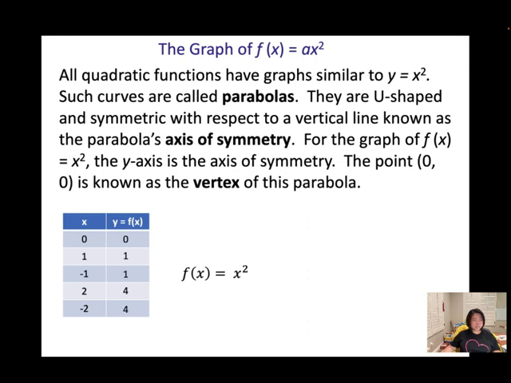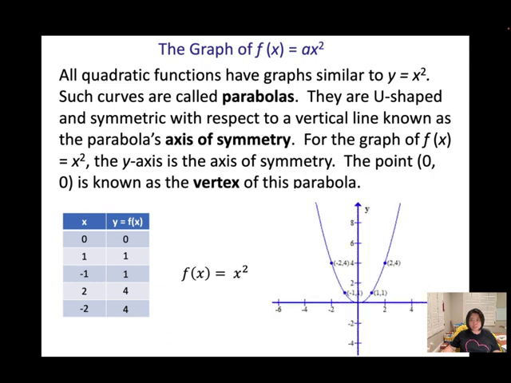This is what you get. Based on the table, we sketch y equal to x squared. We have (0, 0), (1, 1), (negative 1, 1), (2, 4), and (negative 2, 4).